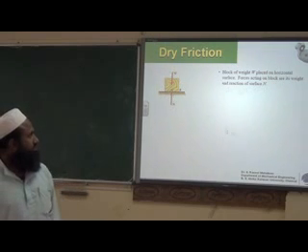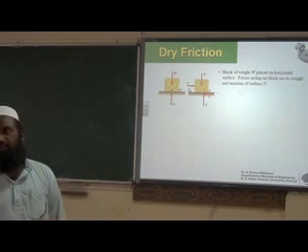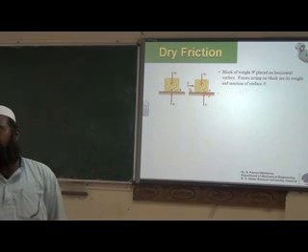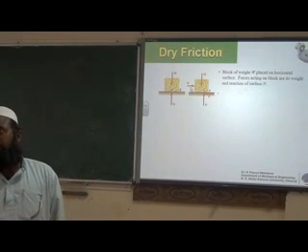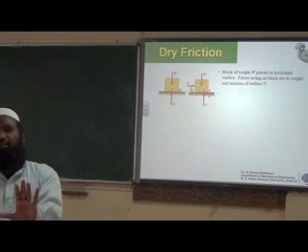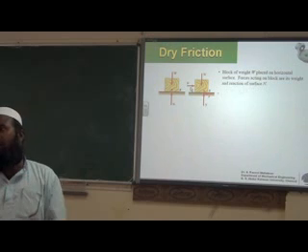Okay. Suppose you apply a horizontal force P to move the block. When you try to move it, the block will not move immediately. Okay, there will be a resistance provided. So this resistance is called friction.